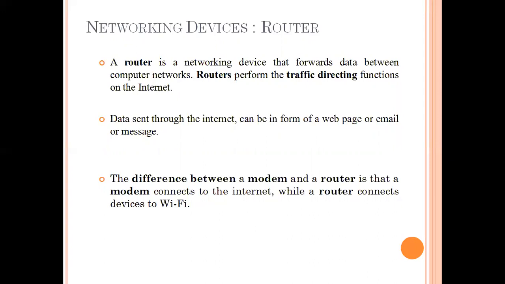You know that when you get connected to a network, there are thousands and lakhs of people who are getting connected to the network. When you are connecting to the network, at the same time many people are connecting to the network.